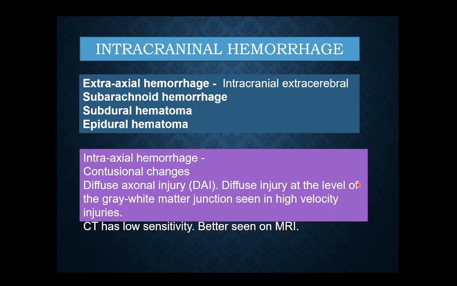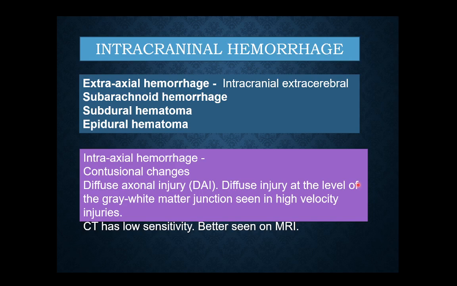Now we come to the hemorrhages. Hemorrhages are mainly of two types. One is intraaxial, which means intracerebral, or parenchymal, or diffuse axonal injury. When it involves the gray and white matter junction, it is called diffuse axonal injury, and it has more prognostic value.